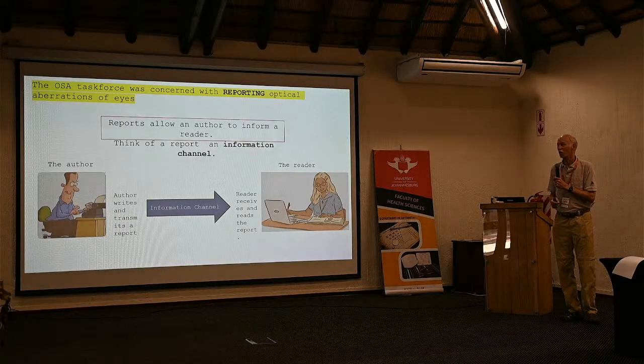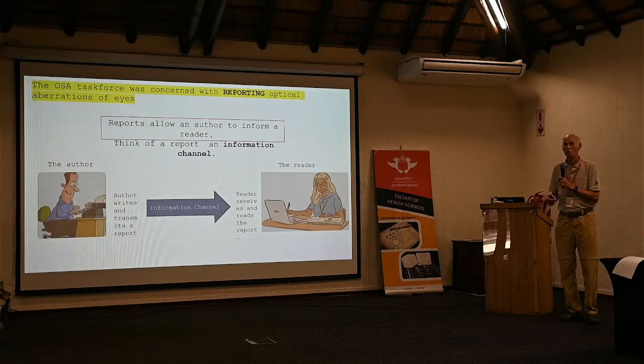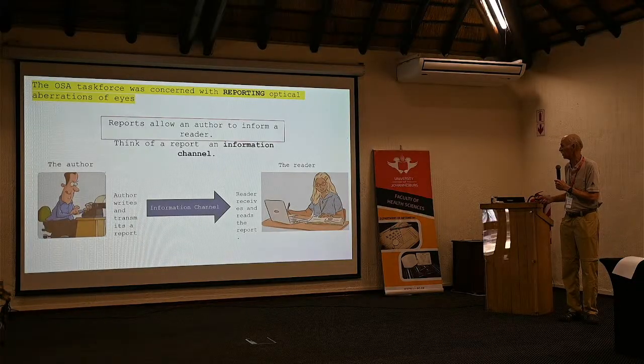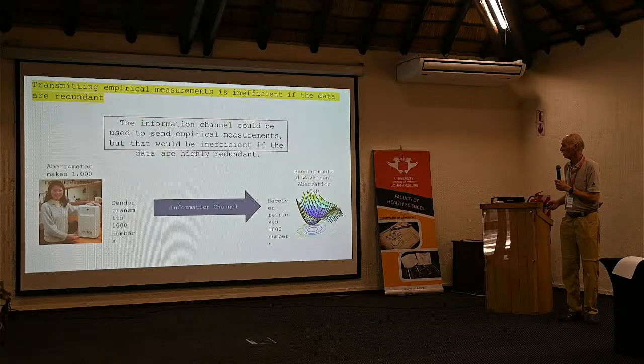Well, a report allows an author to inform a reader. It's like using an information channel. An author writes a report, transmits it to the reader, the receiver reads it, and gains that information. Now, the information channel could be used to send the raw data.